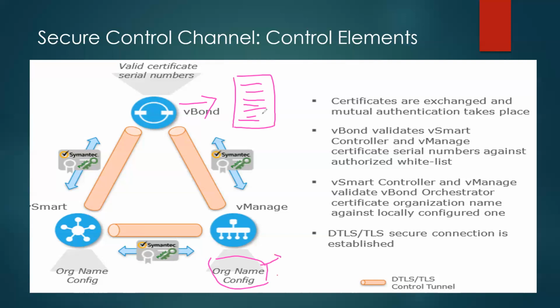Whenever you are creating the certificate, you have to give the org name as well. So that means vBond is validating the certificate number against whatever they already have in their list, right? Now, how will vBond get the certificate number?